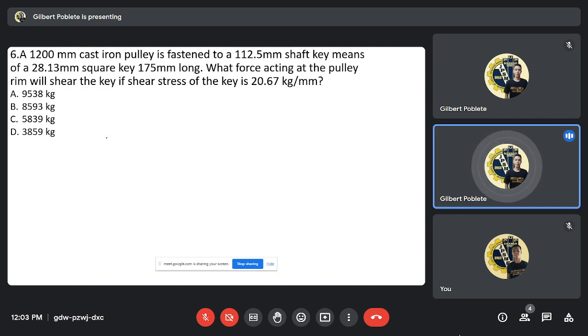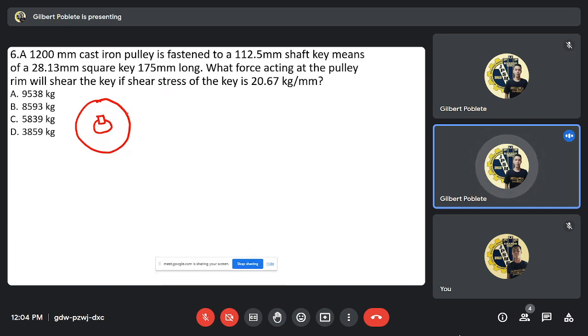So dito meron daw tayong pulley. So drawing natin, guys. So ayan, tapos meron tayong shaft sa gitna, tapos may key. Ayan.